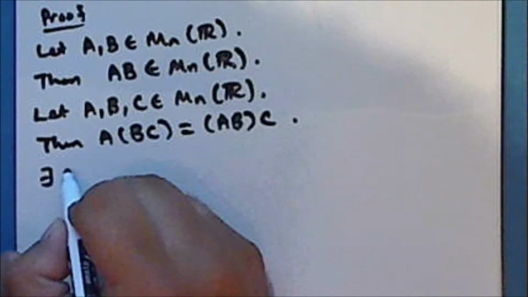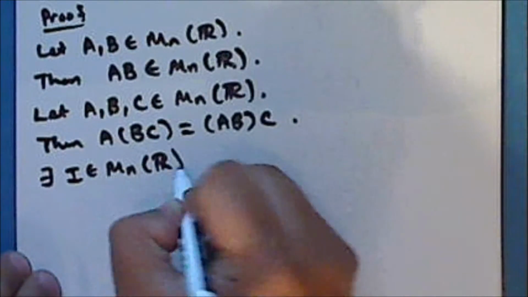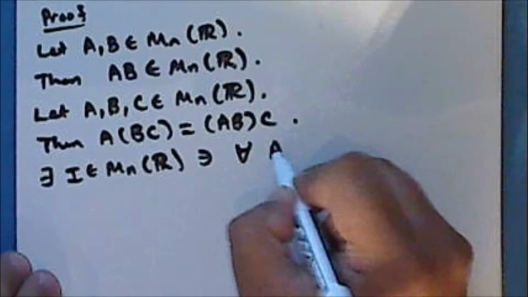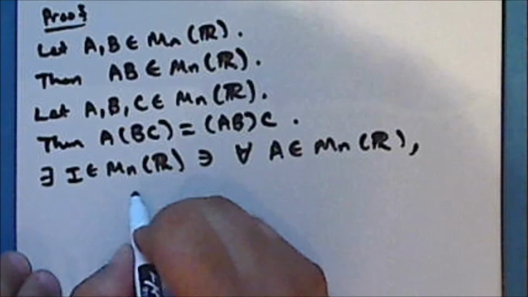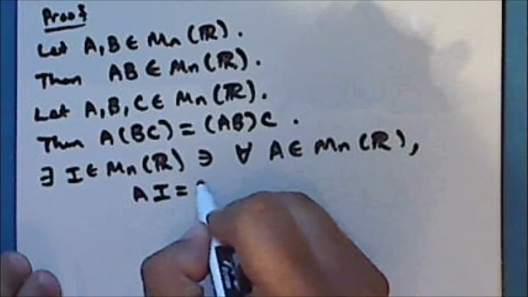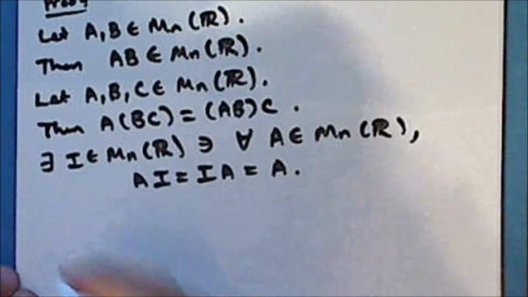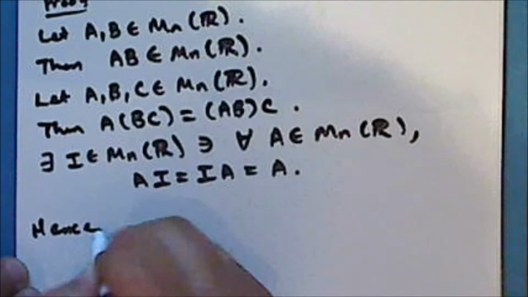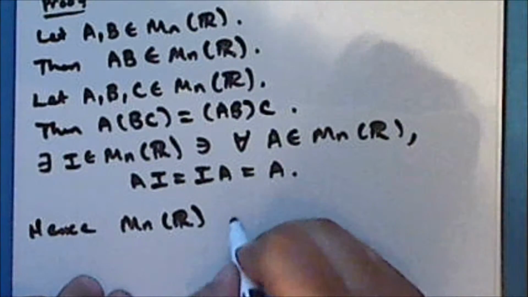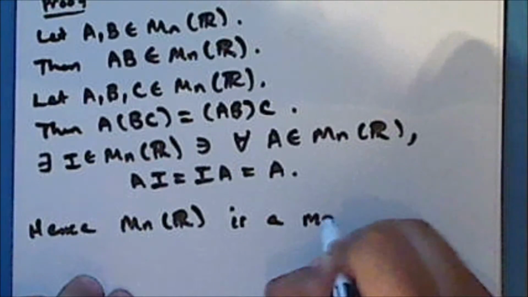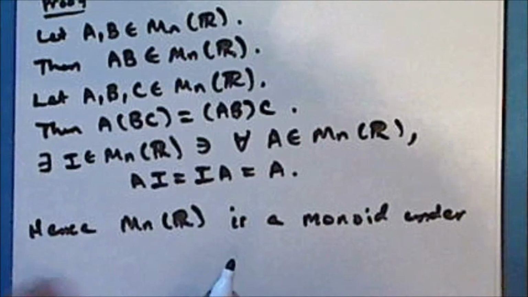Now there exists the n by n identity matrix in the set of square matrices of order n, such that for every matrix A in this set, we have that A times the identity is the same as the identity times A, which is the matrix A, and hence the set of all square matrices of order n with real entries is a monoid under matrix multiplication.